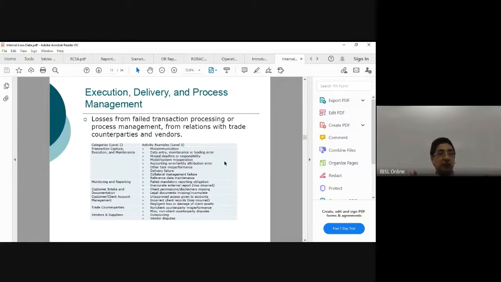So what do you mean by repossessing? Repossessing means you really acquire the security, right? So you acquire the security, and after that acquiring is coming under credit process. But if you have done any mistake in that acquiring, or you just had some unwanted type of thing, in that case that comes under operational.